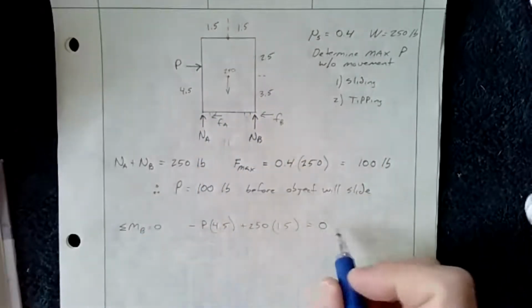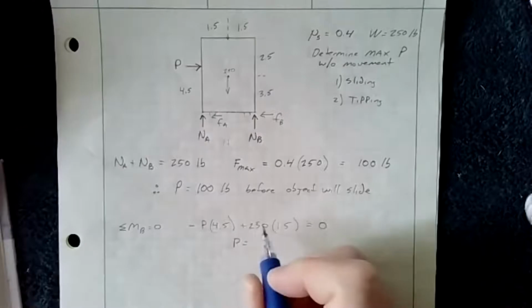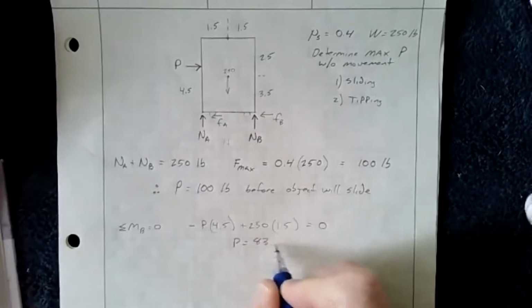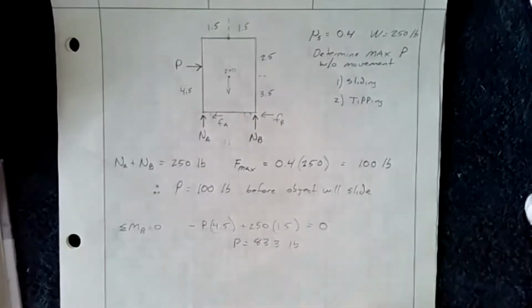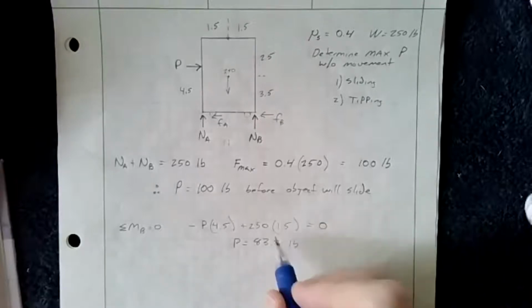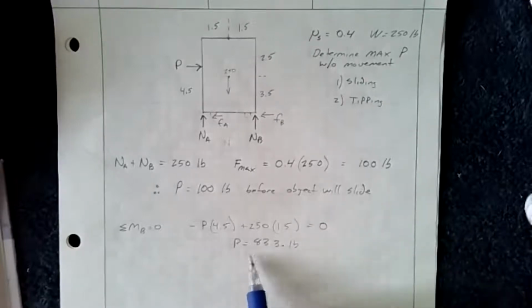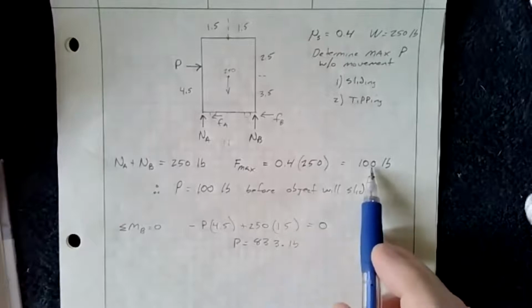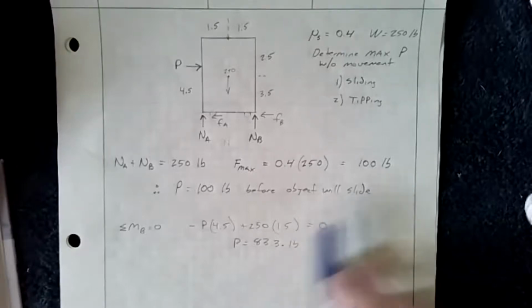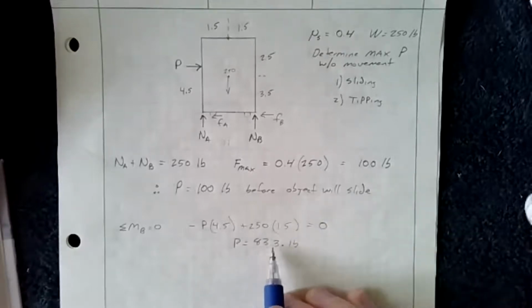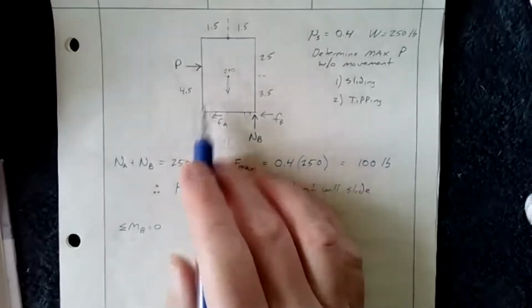And what I end up with is P equals 83.3 pounds. So what that tells me is that if I apply 100 pounds here, it's going to slide, but before I even get to that, if I get anything above 83.3 pounds, it's going to tip.